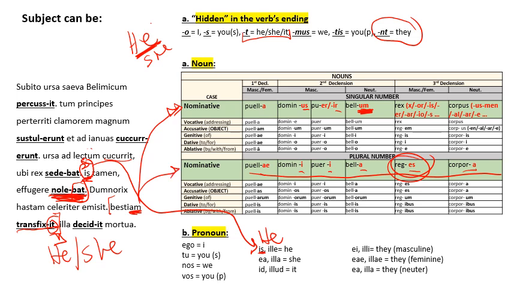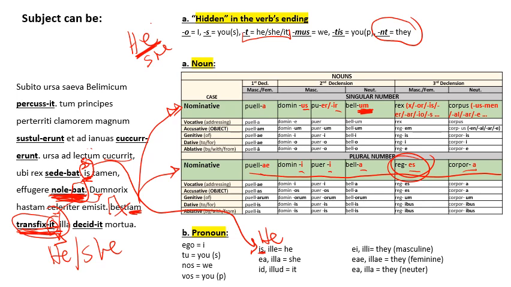Am is accusative. It is not nominative, so it's not my subject. The subject is simply hiding in my verb, and it is either he or she, depending on the context, depending on what the passage is talking about. In this case, it's Dumnorix, who was a man. So it's he pierced the bear with a spear.